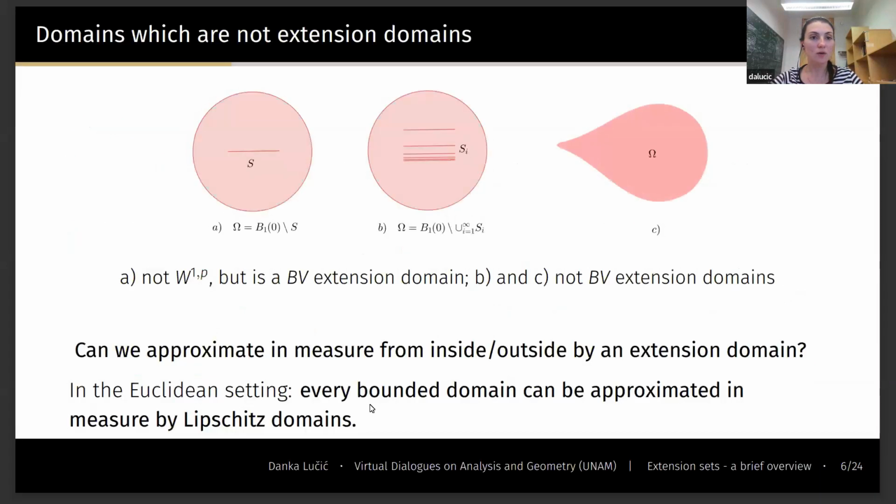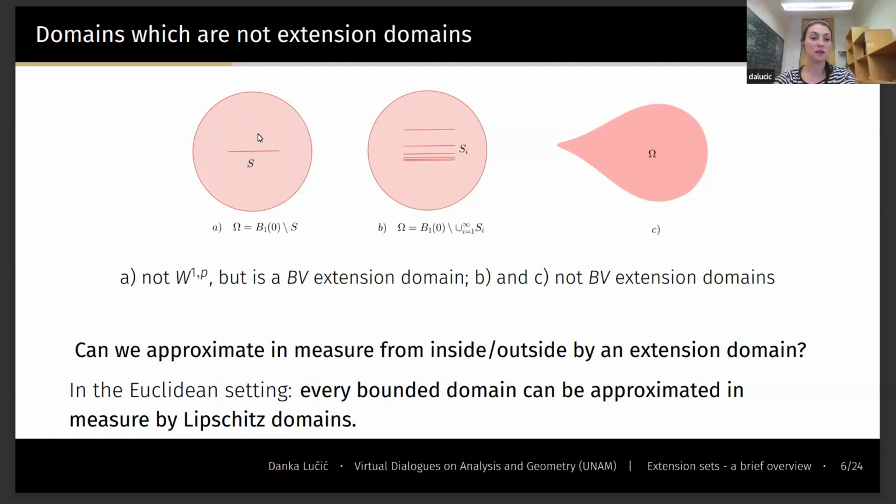Now, as I said, in the Euclidean setting there are already many extension domains, but there are also some domains which are not extension domains. For instance, if we look at the slit disk, where we take a ball and just remove a small slit, then we can show that this is not a W^{1,p} extension domain, but it is a BV extension domain.